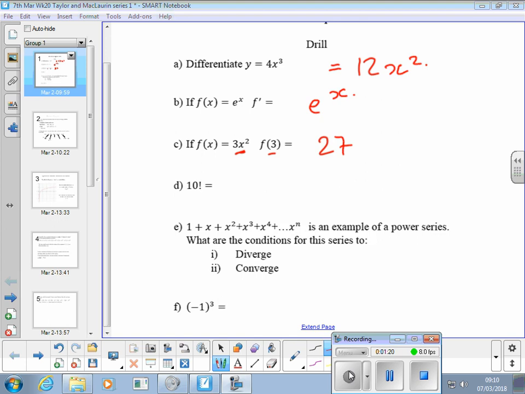Right, 10 exclamation mark. What does that mean? So a mathematical meaning. Yeah. Okay, so what was that?